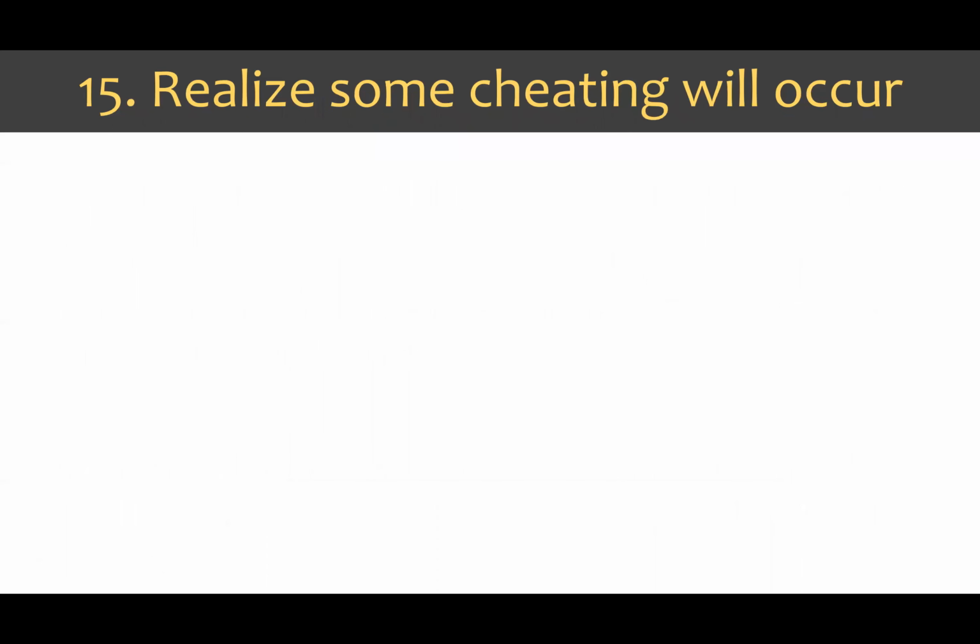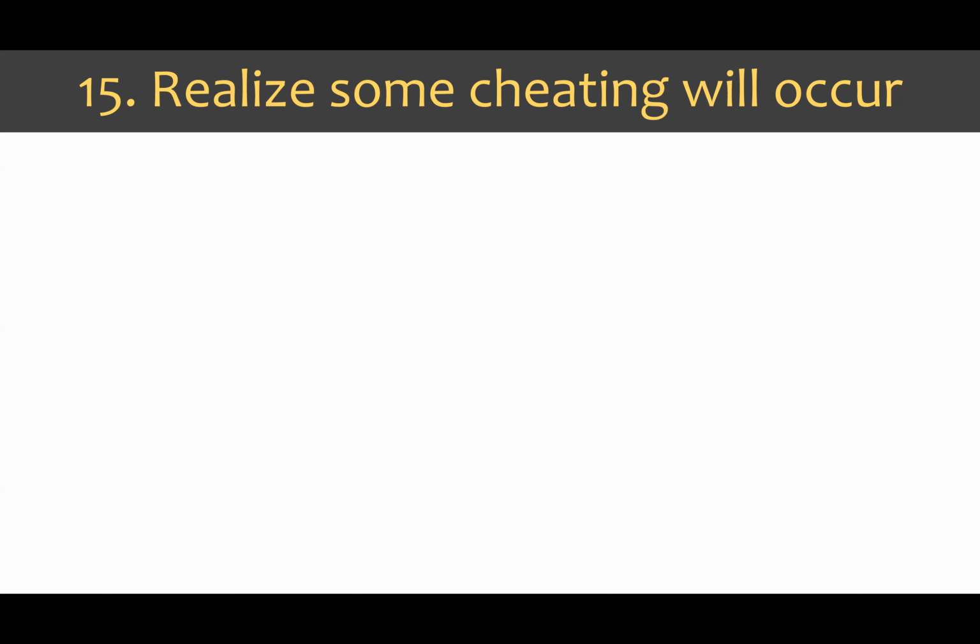Okay, and then realize right off the bat, there is going to be some cheating will occur. Just like companies have bad debts, just because they have bad debts doesn't mean that they're going to quit offering sales on account, because it's a fact of business. You have to do it. So in this environment we find ourselves in, realize that some cheating will occur, and if you structure your course, the impact will not be that great. Like I have, I don't know, 110, 120 assignments, lots of exams.